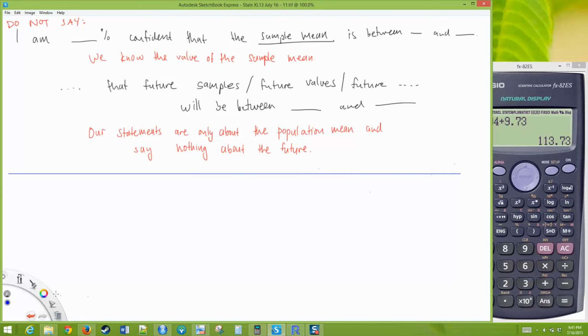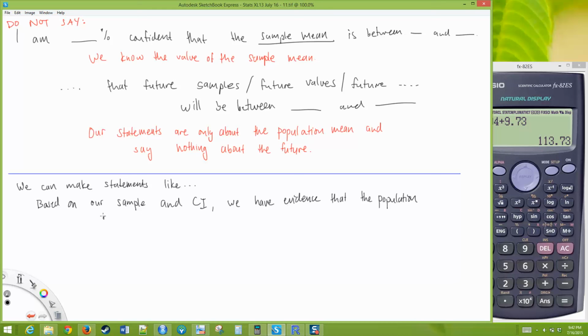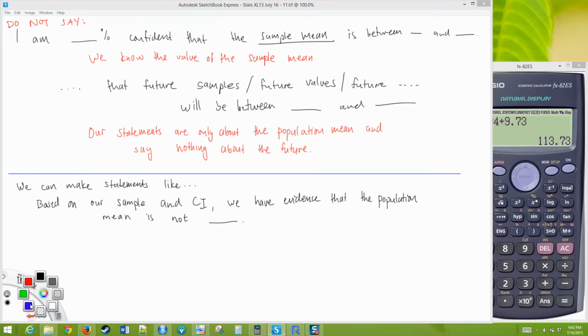And we can also make statements like, based on our sample or our data and confidence interval, we have evidence that the population mean is not blank.